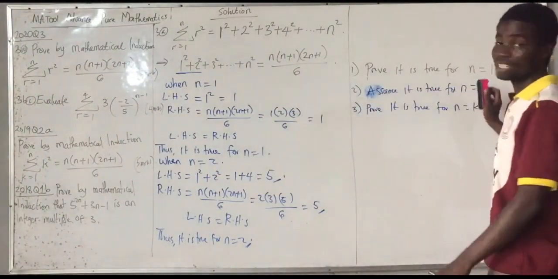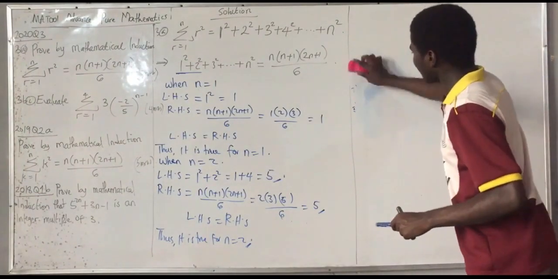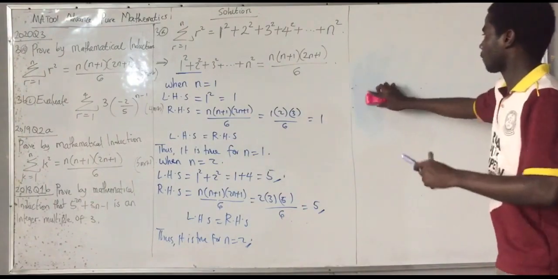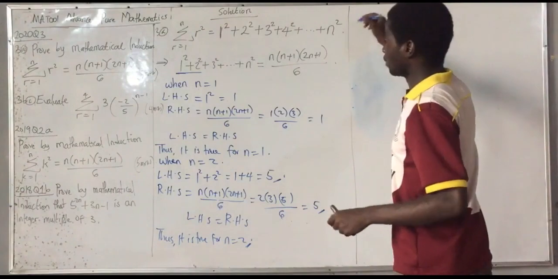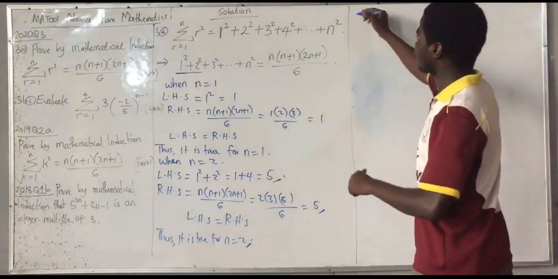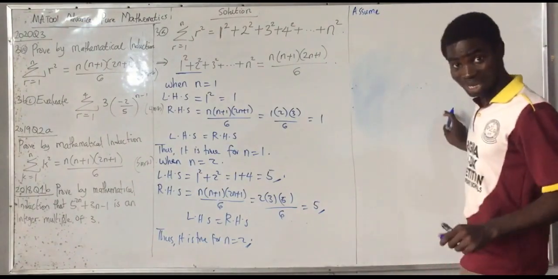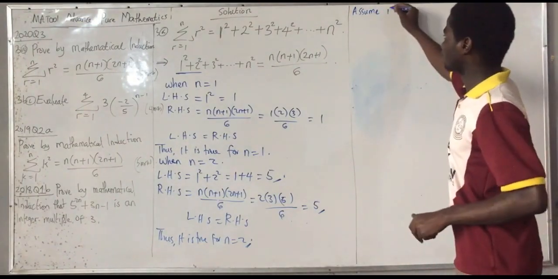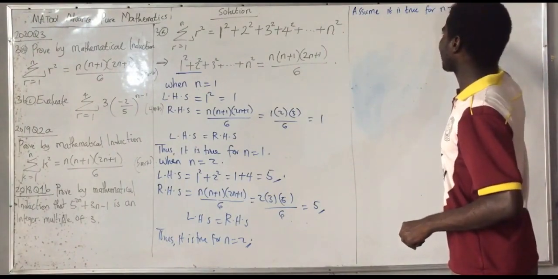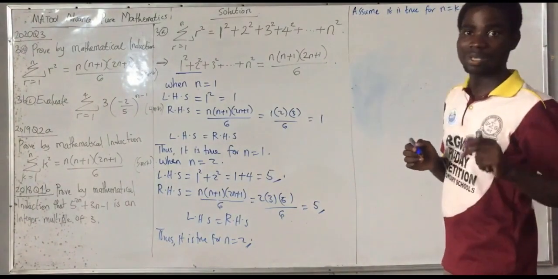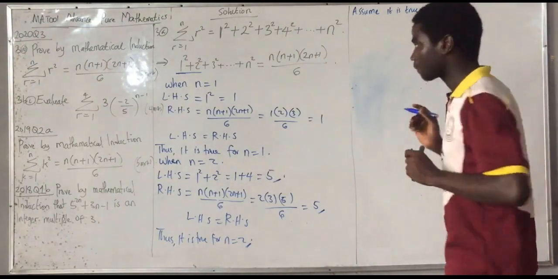Assume it is true for n equal k. So now, that is the first step. So you now say assume. That's the second thing. It is true for n is equal to k. Assume it is true for n equal k. And what will that be?